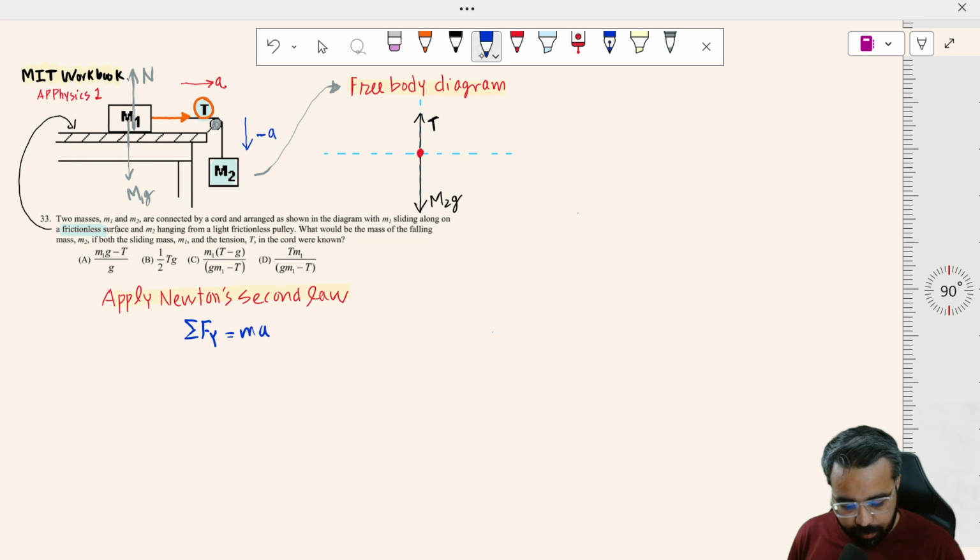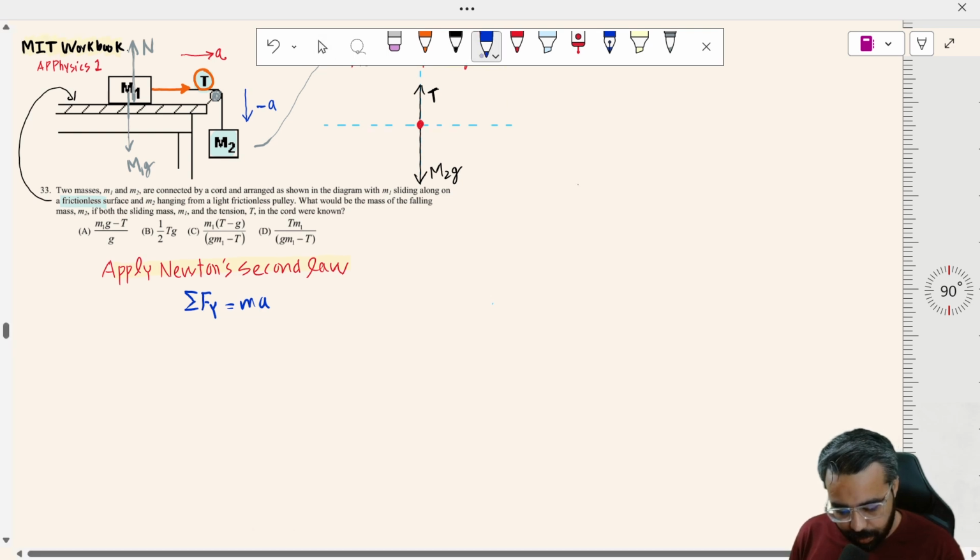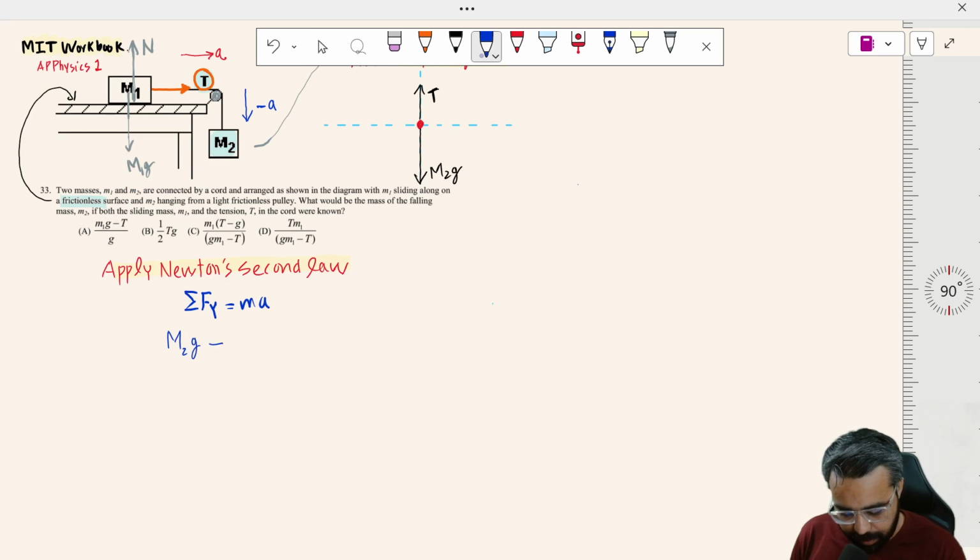So the equation is m2g minus T equals m2a. We can also use the smaller symbols, as in the answers we see small symbols are used.